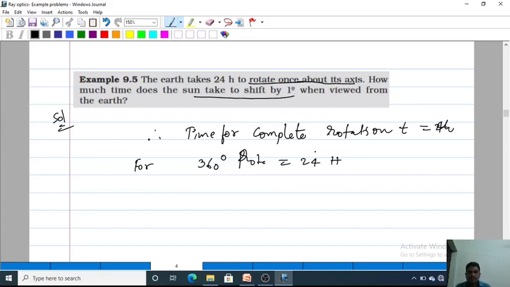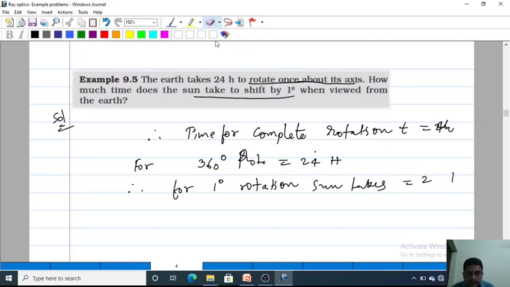When the Earth rotates 360 degrees, the sun also appears to rotate 360 degrees in 24 hours. So for 1 degree of rotation, the sun takes 24 hours divided by 360.